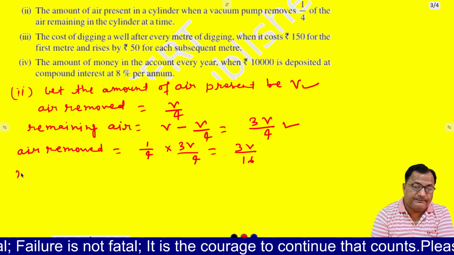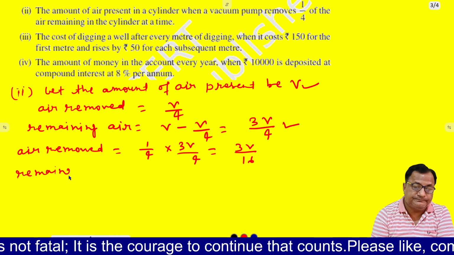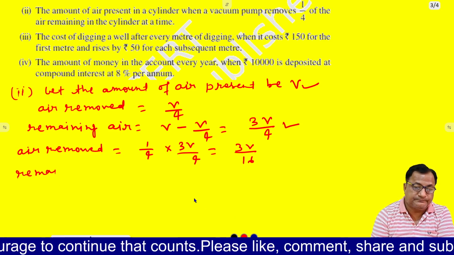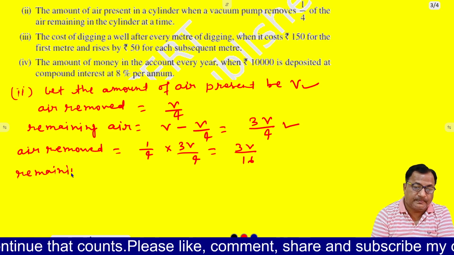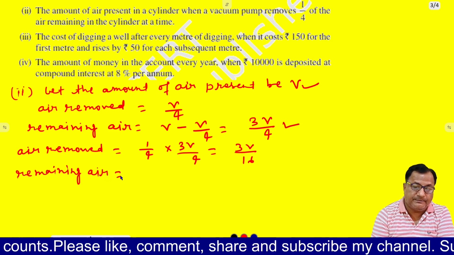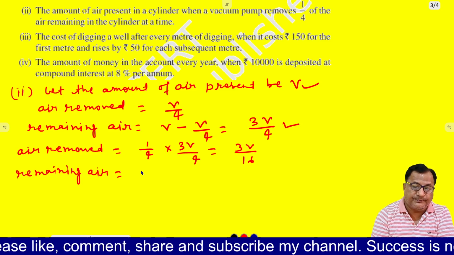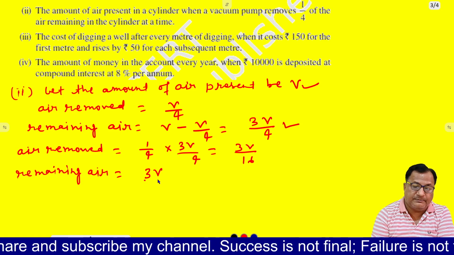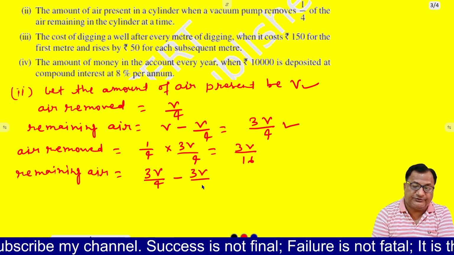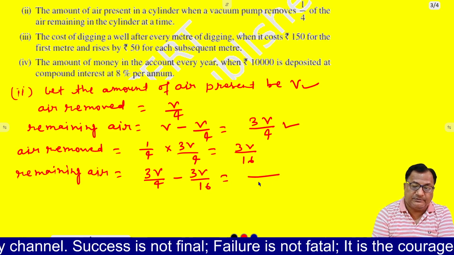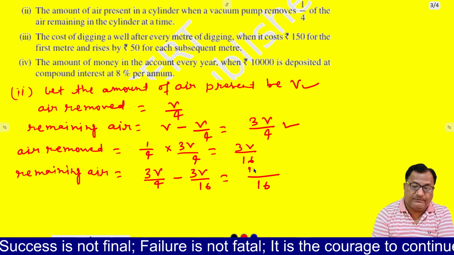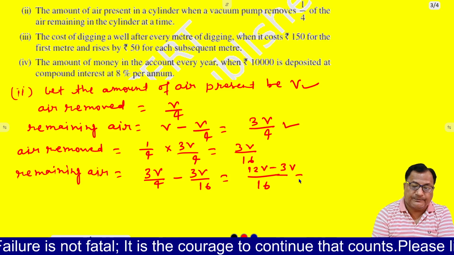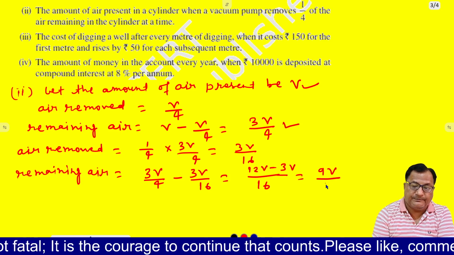So the remaining air then will be 3V by 4 minus 3V by 16, which is equal to 12V minus 3V over 16, equal to 9V by 16.